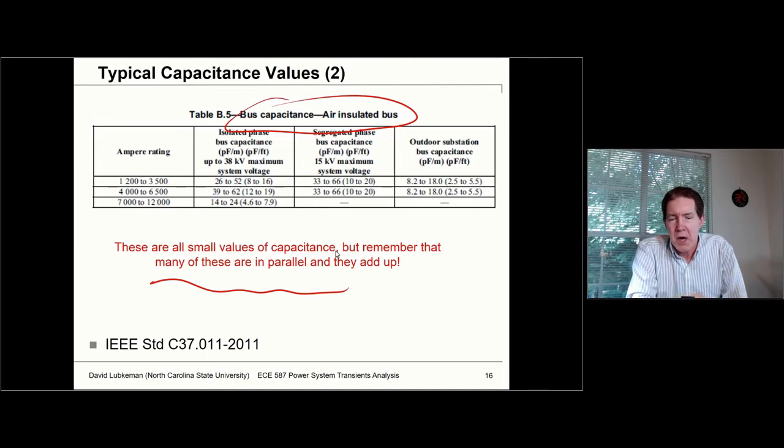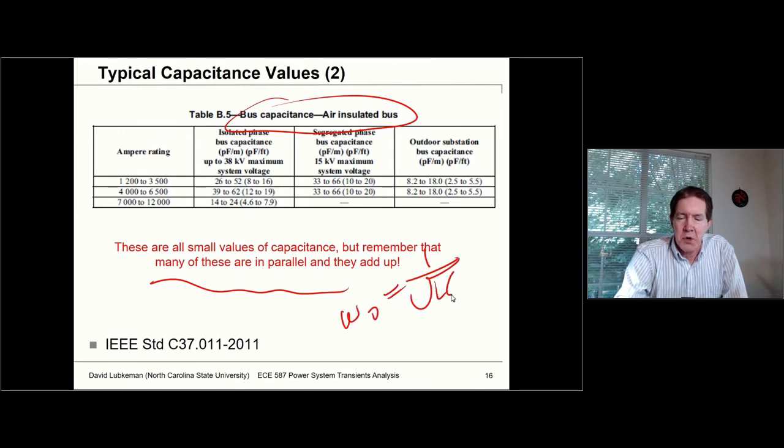If you think about it in terms of looking at this effect right here, as you add more and more capacitance, this is going to drop this frequency down. All right. So the more capacitance you can actually identify, possibly the less susceptible you're going to be to transient recovery voltage failures.